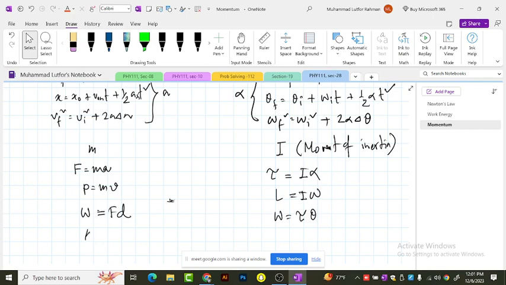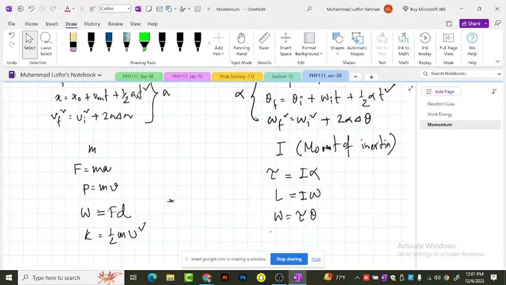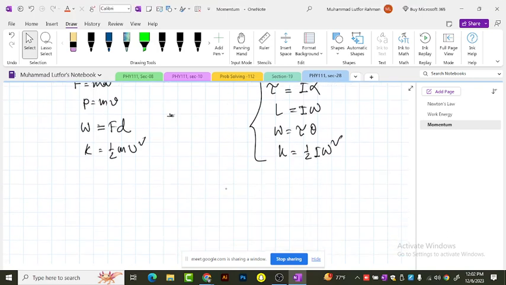The kinetic energy is half m v square, and for the rotational kinetic energy we will write half I omega square. Those are the parameters we need to understand to describe the rotational motion of the system, because this would be new for you. So that's why we'll discuss this part elaborately.